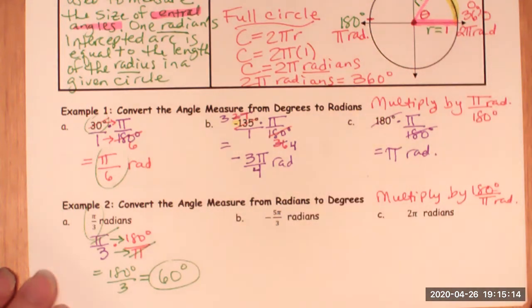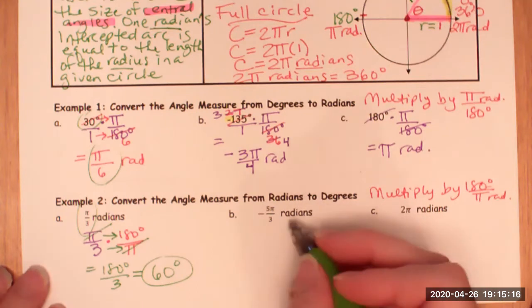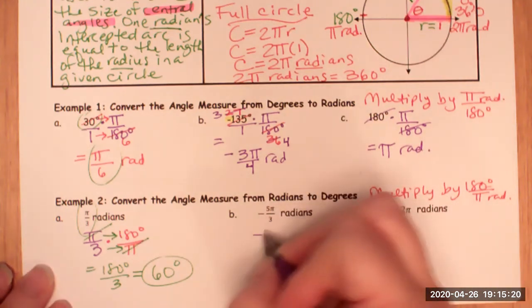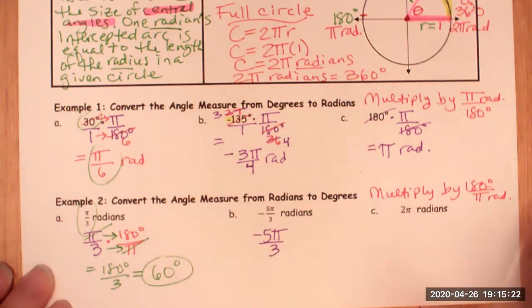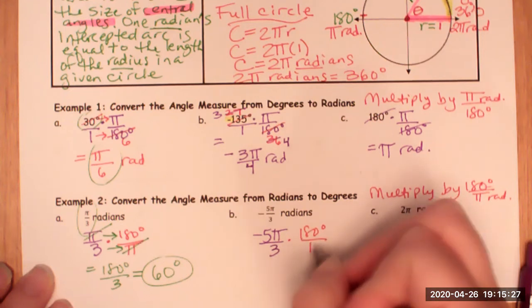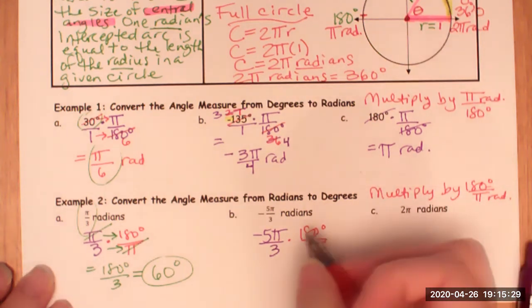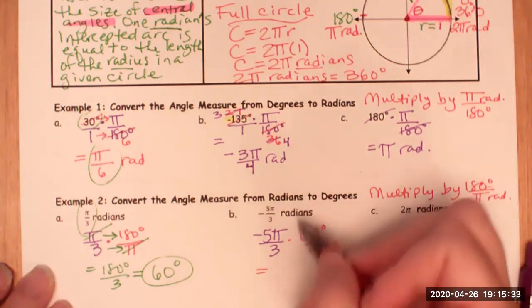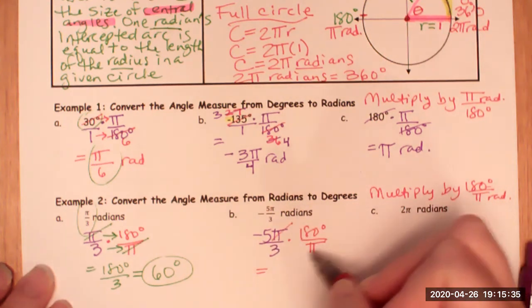All right, so let's look at negative 5 pi over 3 radians. We've got negative 5 pi over 3, and we're going to multiply by 180 over pi. Again, I suggest canceling diagonally. Especially right here, of course, pi is going to cancel.